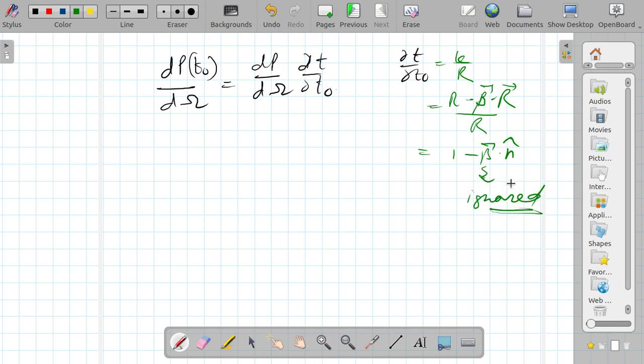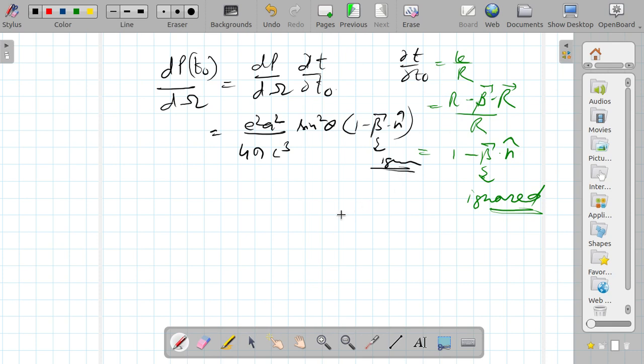So if we ignore it, then this will become equal to 1. So the expression for it is E square A square over 4 pi C cube sine square theta, and the 1 minus beta n cap factor is ignored for smaller velocities, or the particle moving with a very small velocity.